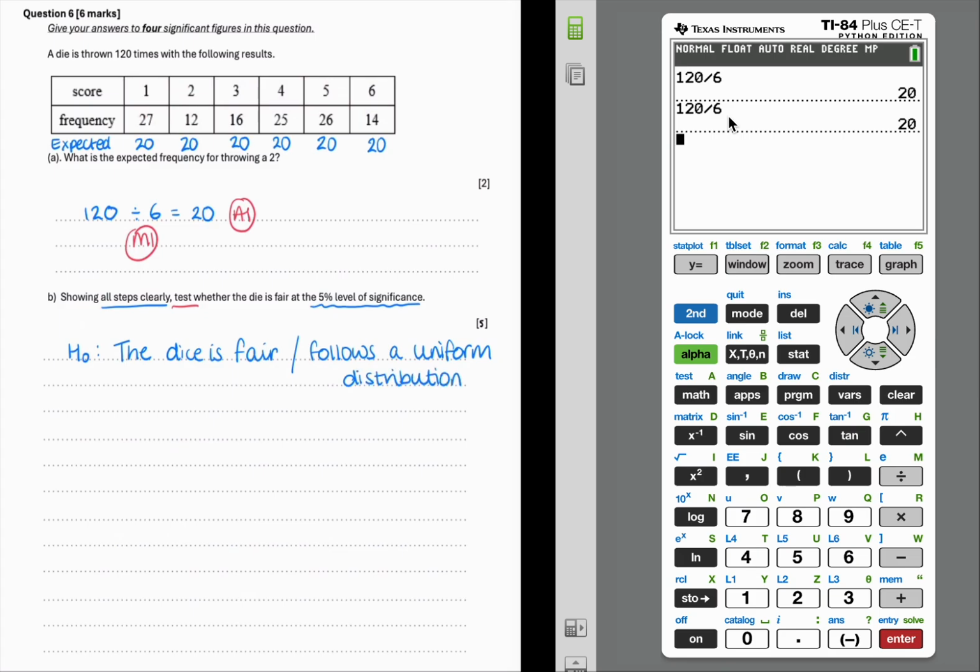And the alternate hypothesis, HA or H1, is that the dice is not fair, or doesn't follow a uniform distribution.